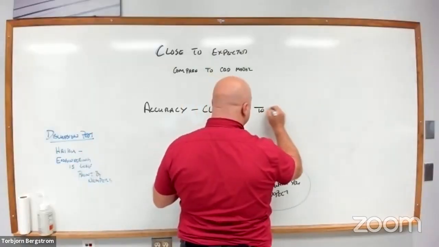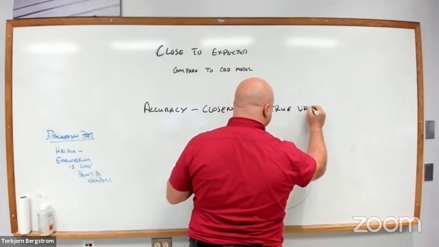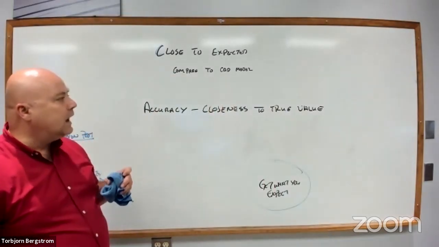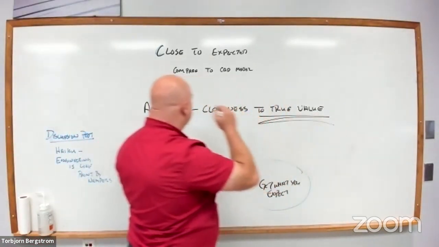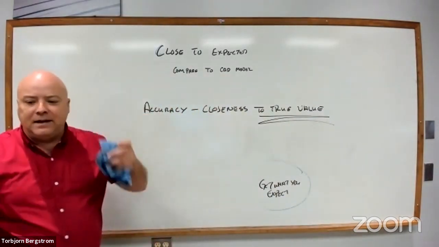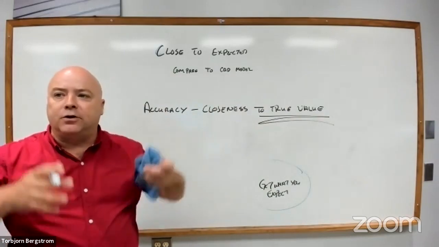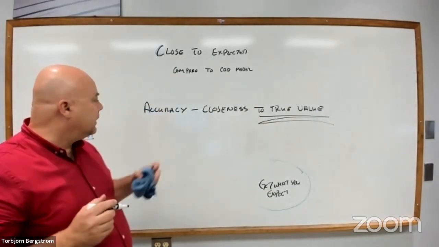Accuracy is the closeness to the true value. Now we can debate what it means to be the true value, but by definition, the accuracy of our measurement is how close our measurement is to the true value. What's precision?